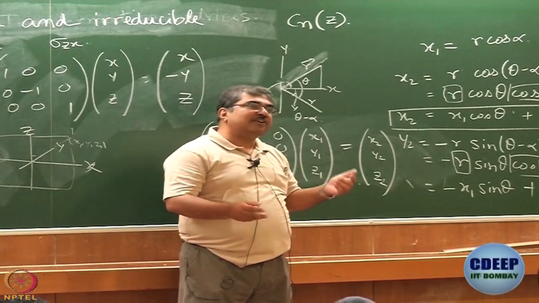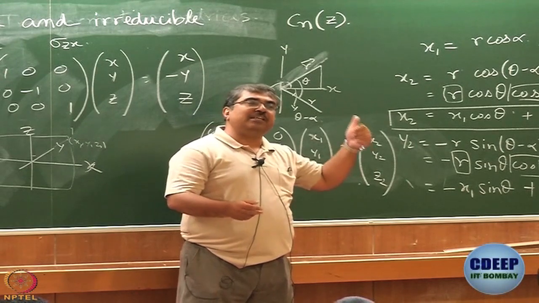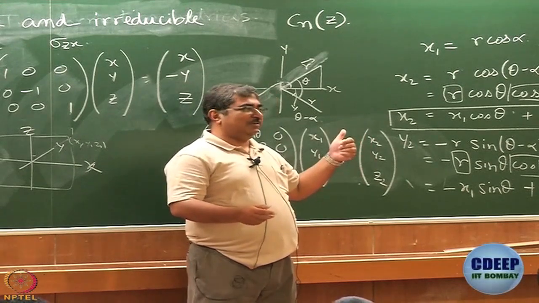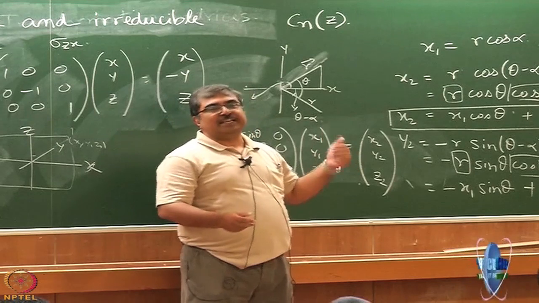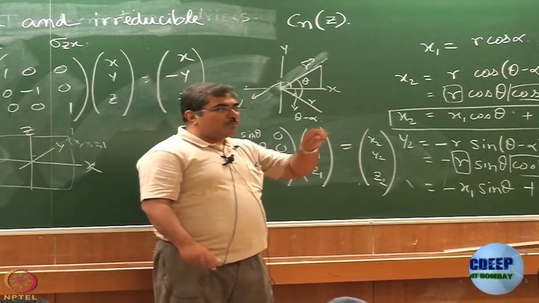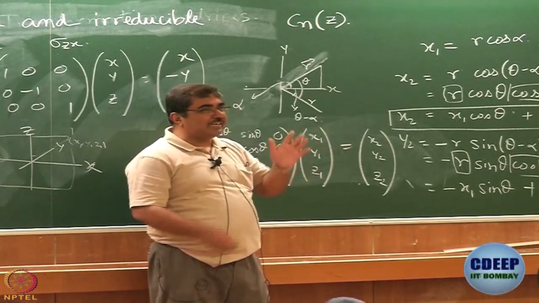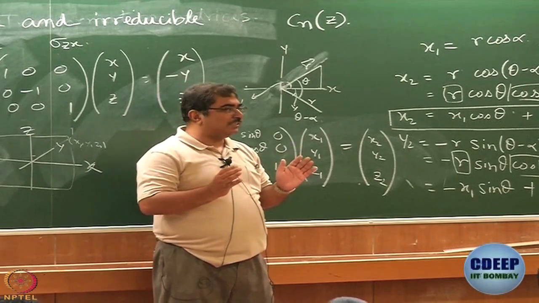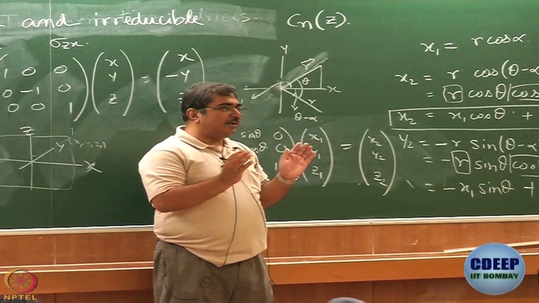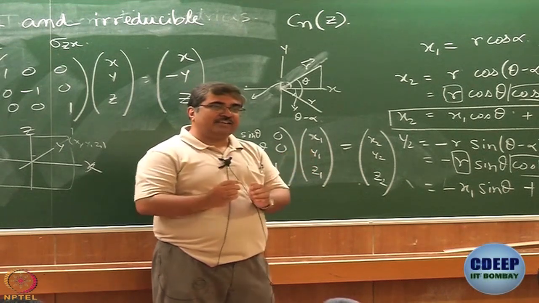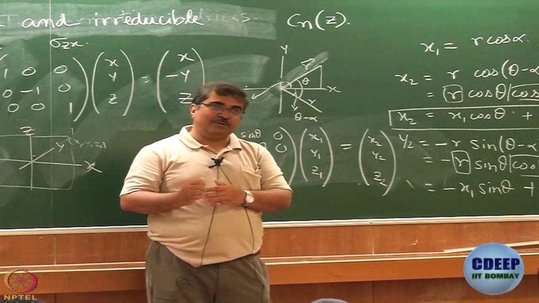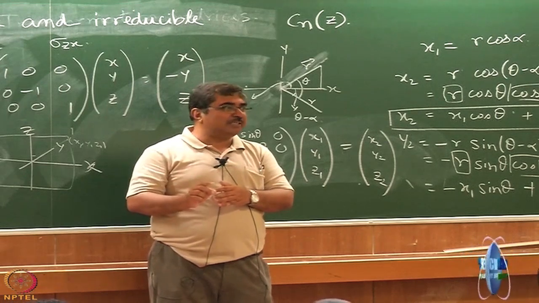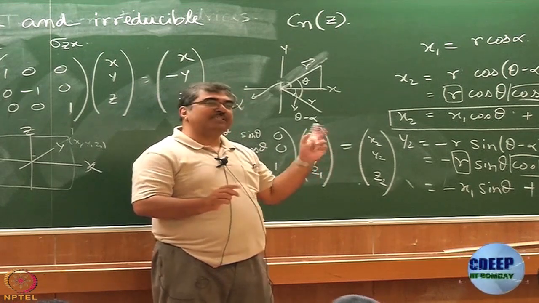There is a contribution of the original y coordinate also. Same is true for the transformed y coordinate. So, what Cn does is it classifies your 3 coordinates into two classes, one xy, other z. Z remains by itself, does not mix with anything, x and y mix with each other.